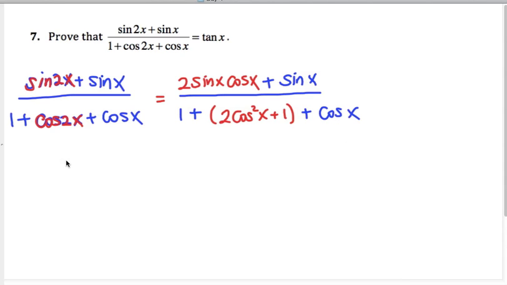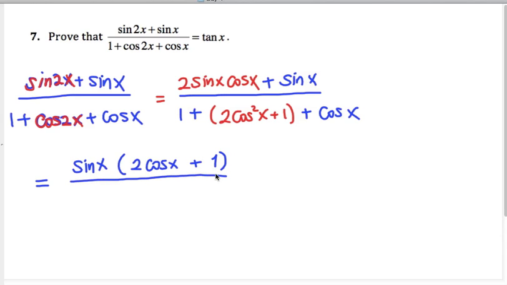From the numerator, I'm going to factor out a sine x. Then I get 2 cosine x plus 1. Denominator, let's see. Actually, this is really simple. That plus 1 here should actually be a minus 1.